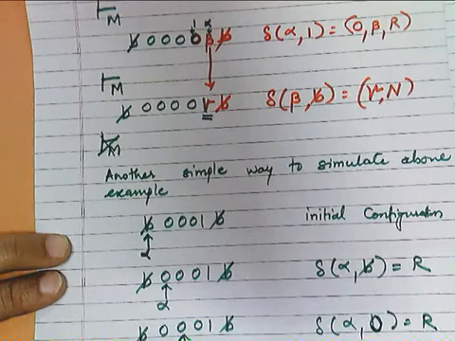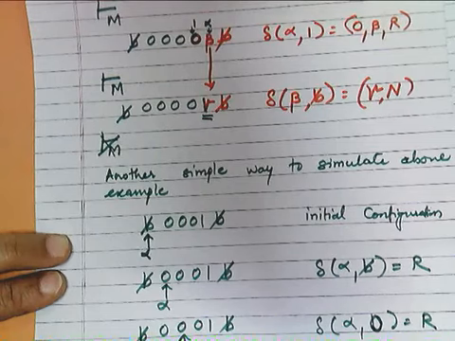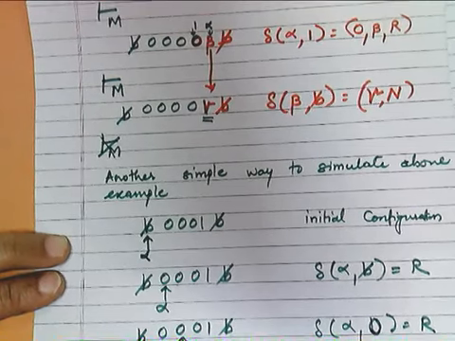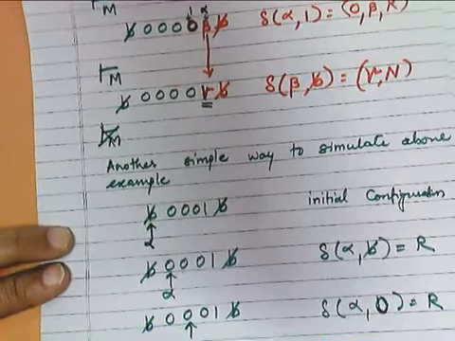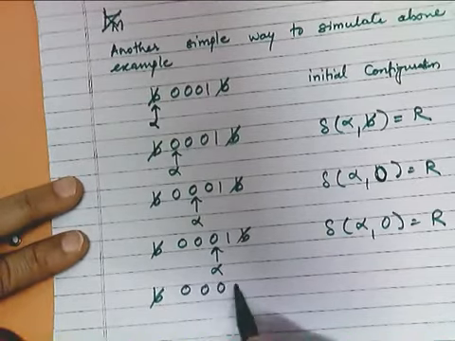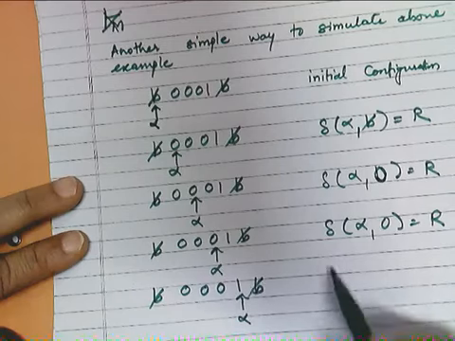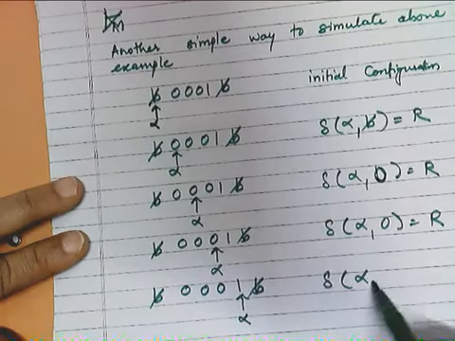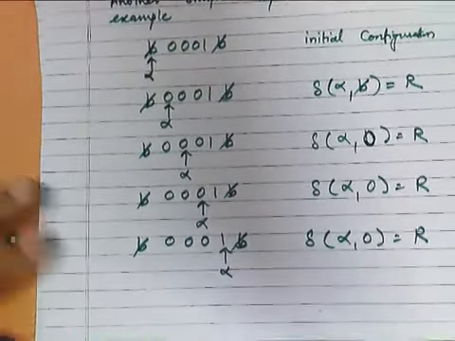Then again blank 0 0 0 1 blank, again alpha, because alpha 0 moves towards right. Now again blank 0 0 0 1. Now your head will be on 1. This is again because you are having the same configuration or same representation.